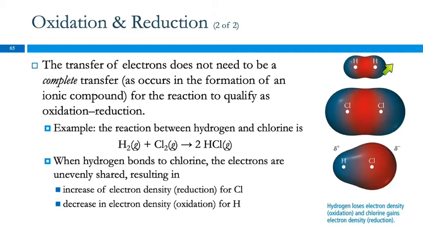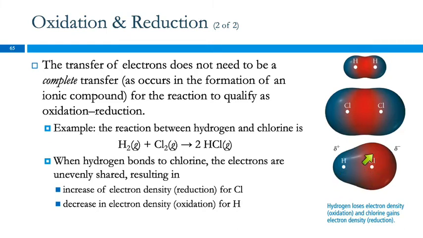So here we have a hydrogen molecule and a chlorine molecule. When these react to form hydrogen chloride, there is a shift, a partial transfer of electrons to the chlorine. The chlorine is more attractive to the electrons, and so the electrons are going to spend more time over here.